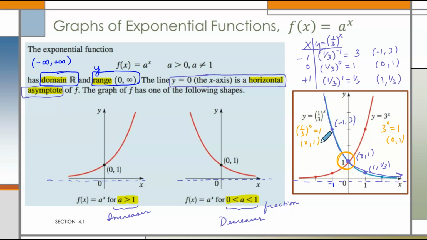That's another property that we're going to add to our list. Domain, negative to positive infinity. Range, 0 to infinity. X-axis, horizontal asymptote. And our graphs, whether they're increasing or decreasing, go through that point 0, 1.